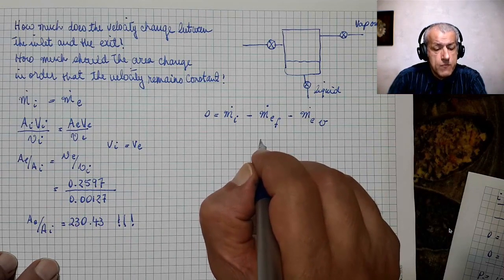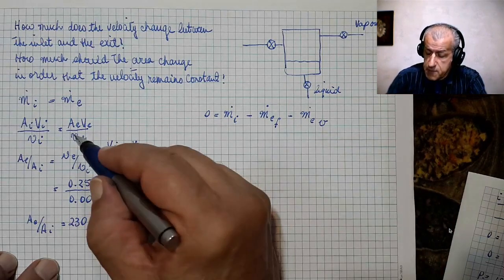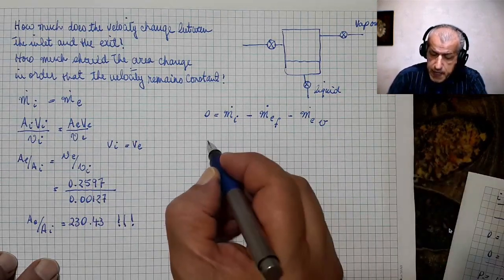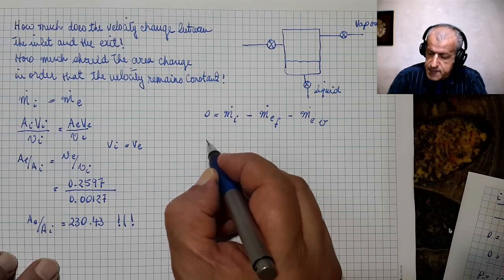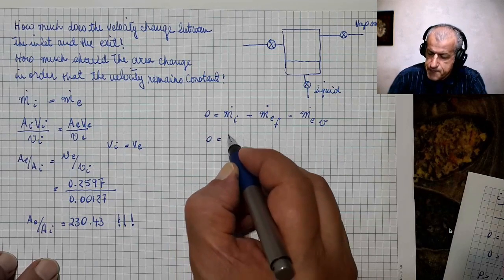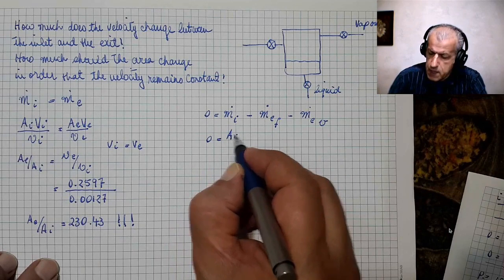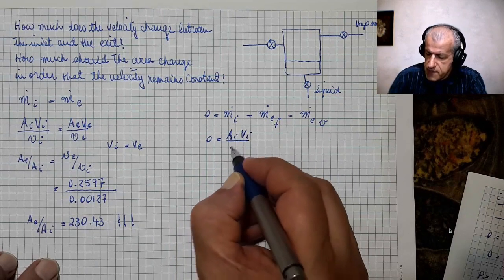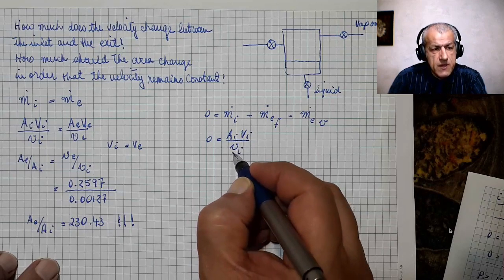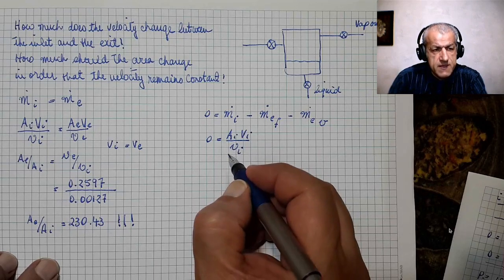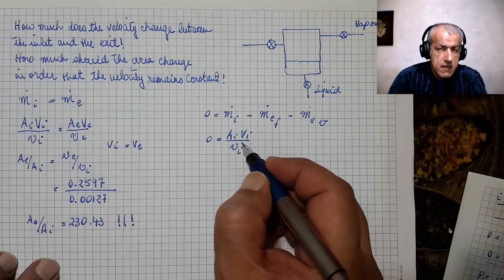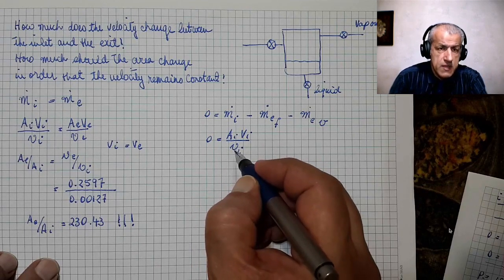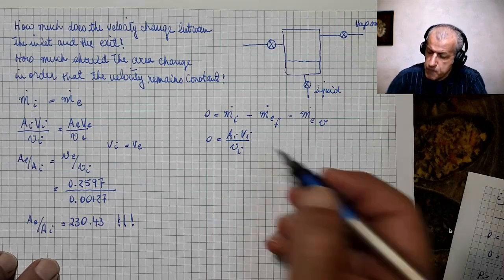Now we could do the same practice for this equation, and it would end up as 0 equals AI times velocity divided by specific volume. It is rho AV, the very famous equation, where we have replaced rho with specific volume.